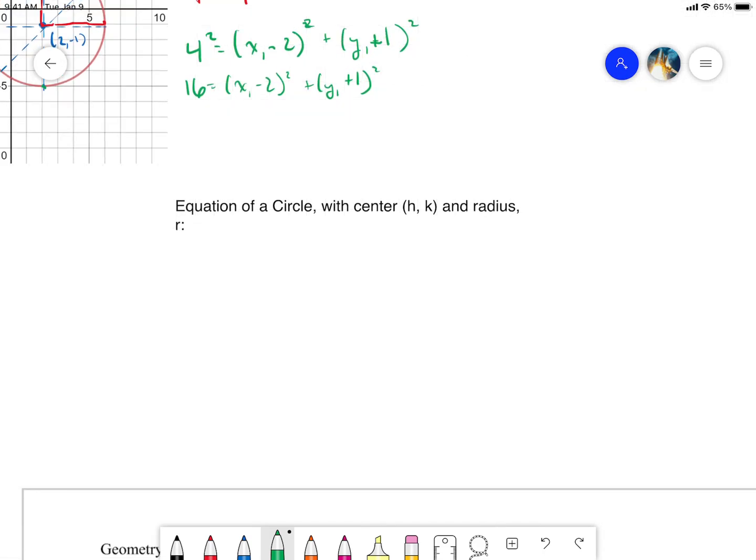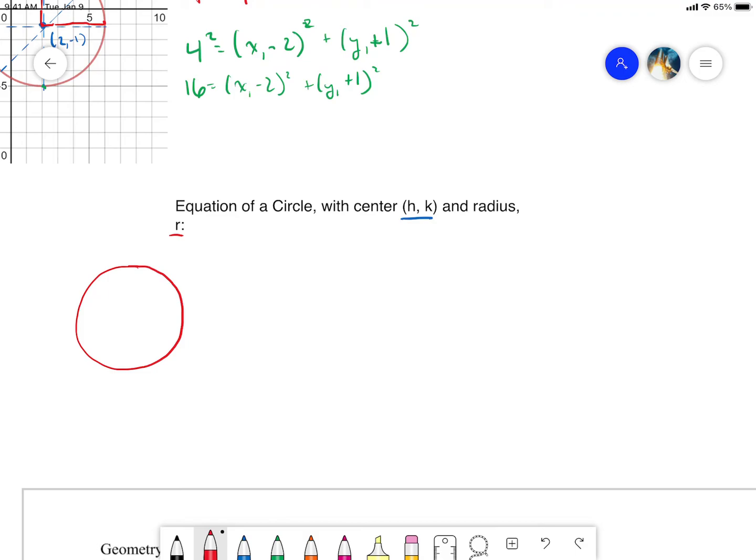So let's just say we have a circle with center (h, k) and a radius r. What that really means is I just have some arbitrary circle out in space on the coordinate plane somewhere. We don't know where. It could be somewhere near the x and y axis.